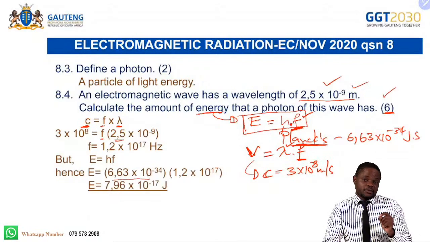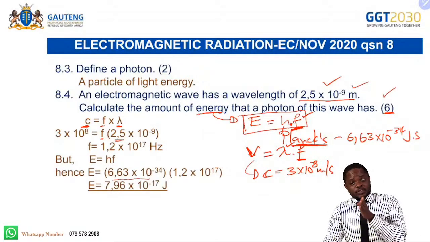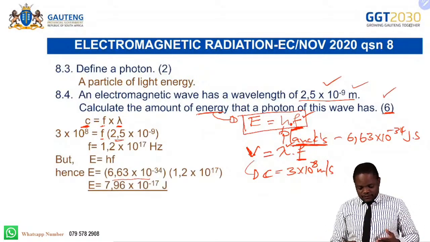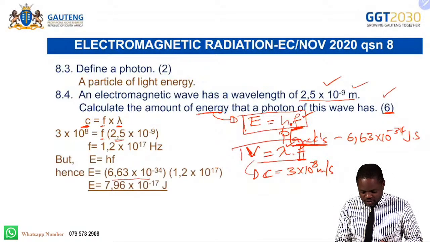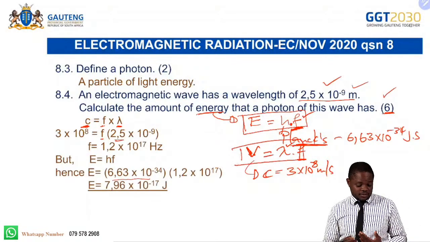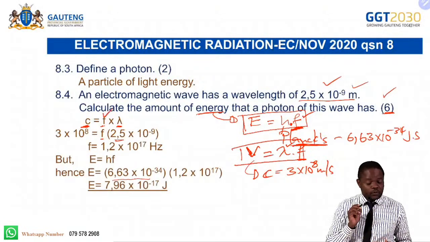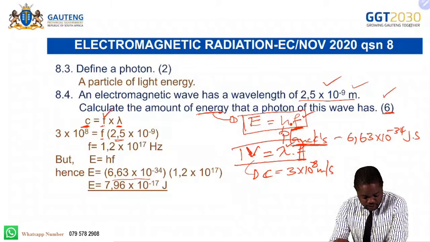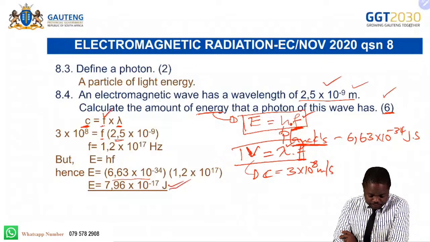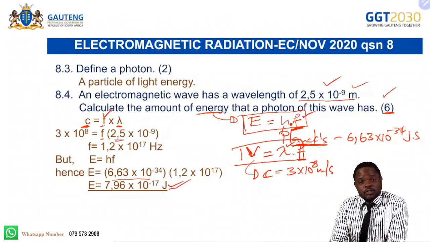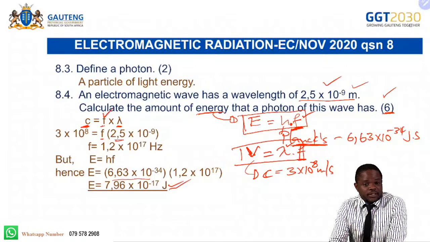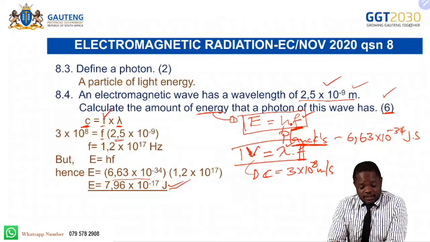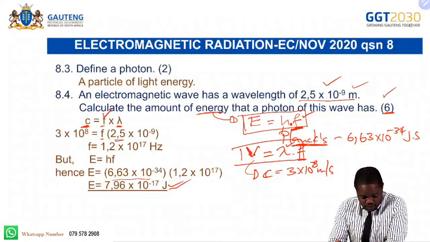Look at the data given in the question, look at what is not there, and then identify the next suitable formula to get what is not there, isn't it? In this case, we needed the frequency, and then you punch in your calculator and you get your answer. The units are joules. I hope we are now able to get those 6 marks if we meet them in a typical examination question in future.